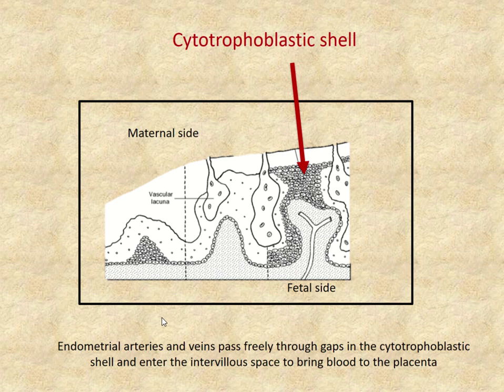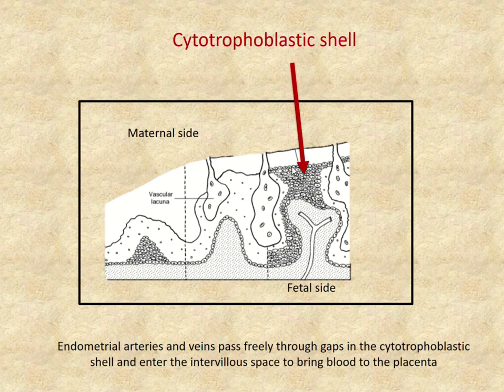Okay. Now, another topic I want to bring up is an interesting structure that's called the cytotrophoblastic shell. The cytotrophoblastic shell is unique because it is really the anchor that holds the placenta, the fetal part of the placenta, to the decidua basalis of the uterus. And so this is the barrier that the spiral arteries and the veins have to go through to basically empty the blood into the space.